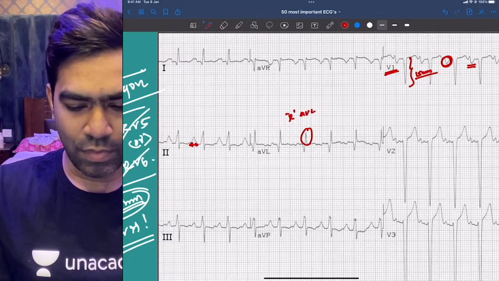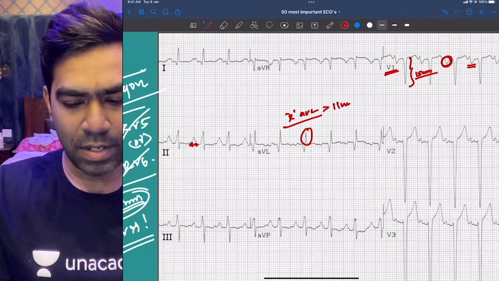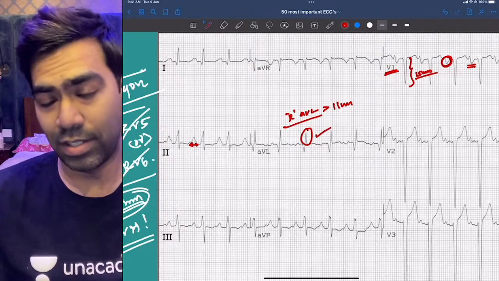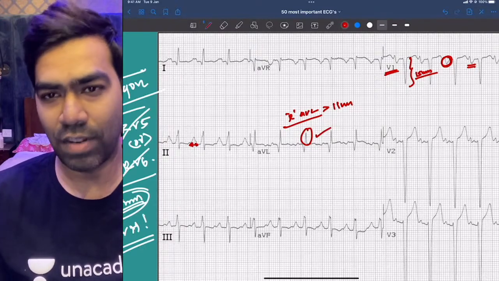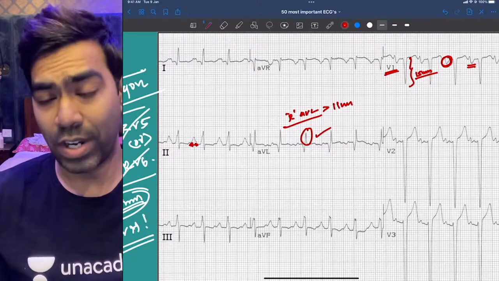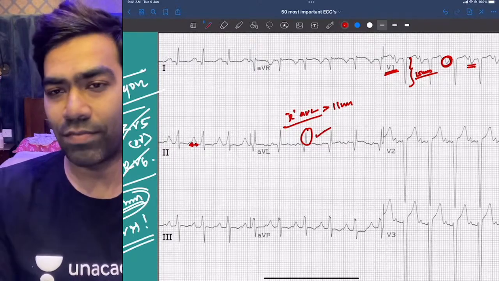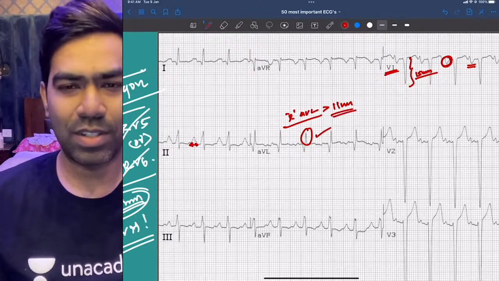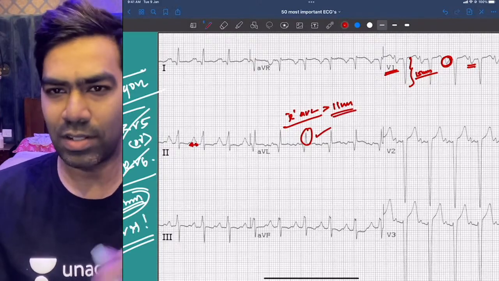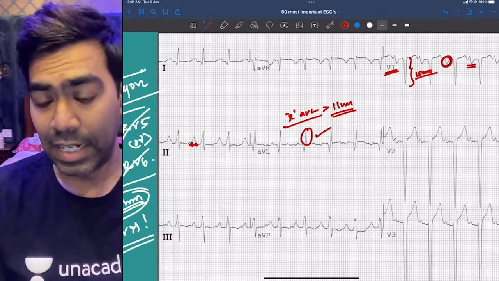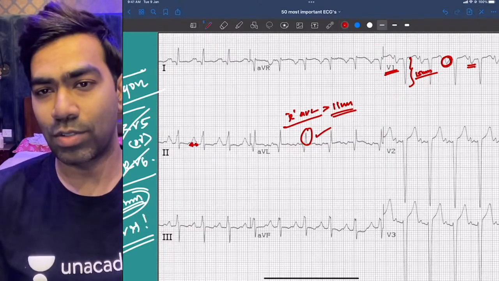If the R in aVL is more than 11 millimeters, even though here it's not fitting into this criteria, but generally if R in aVL is more than 11 millimeters, then that is also very much suggestive of left ventricular hypertrophy if you do not have a left axis deviation. In case you have a left axis deviation, then this number becomes around 18 to 19 millimeters. But nevertheless, that's not important for you. R in aVL, if it's more than 11 millimeters in a patient with a normal axis, then probably you can diagnose a left ventricular hypertrophy.